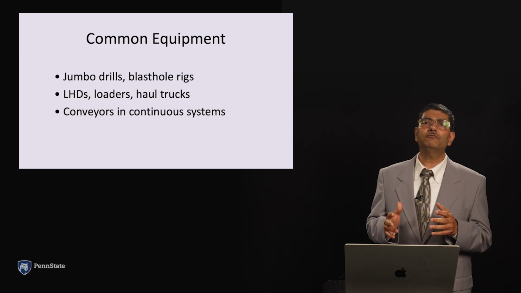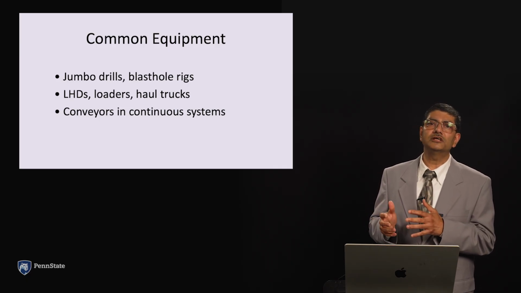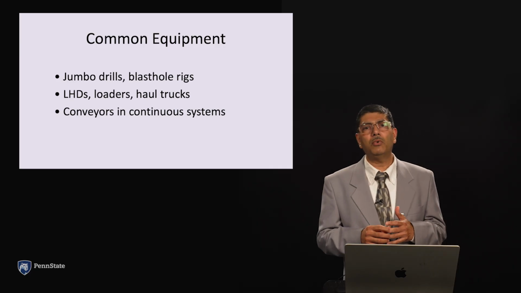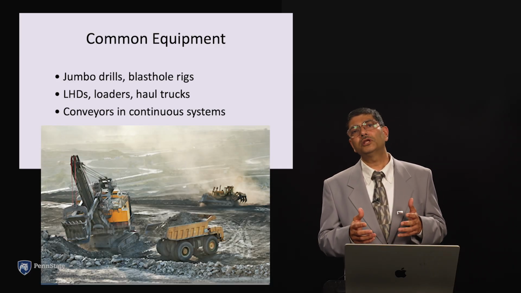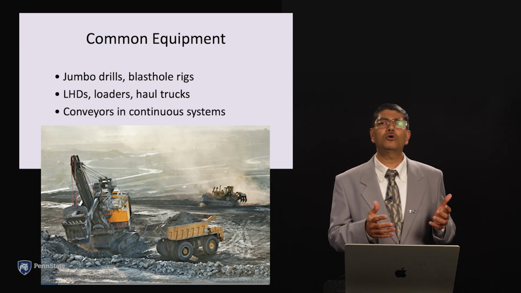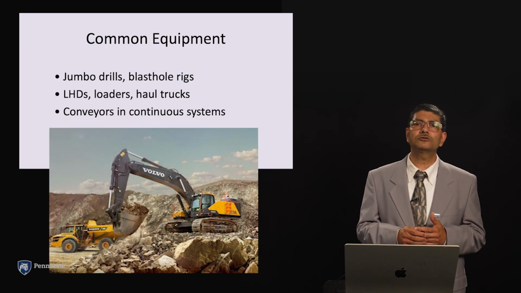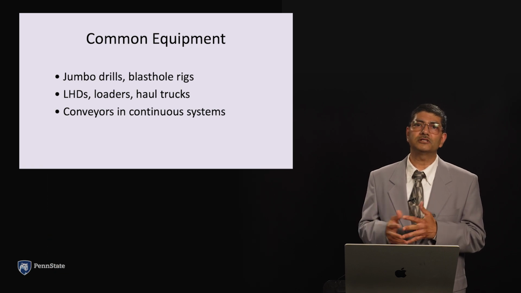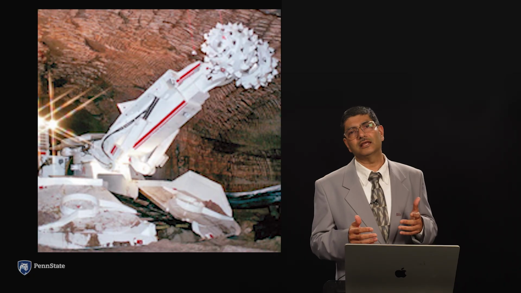Now equipment for ore mining and handling in hard rock settings, we commonly see multi-boom jumbo drills, blast hole rigs, and loading units like LHD, which is load, haul and dump, or the front-end loaders. And of course you use the haul trucks and conveyor systems. The equipment choices depend on mining methods and scales.